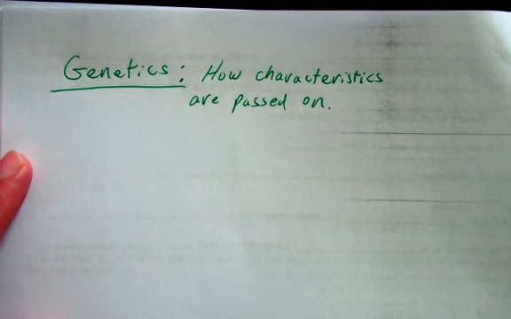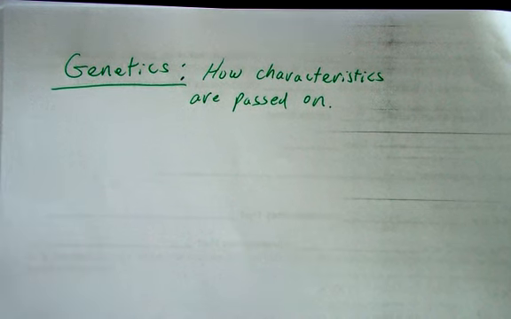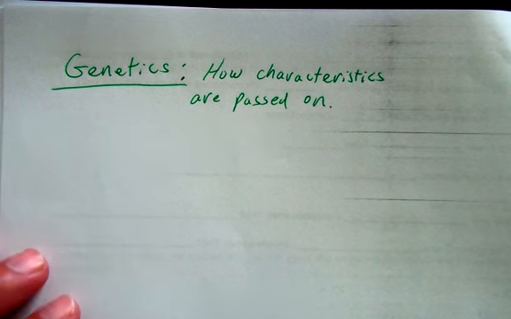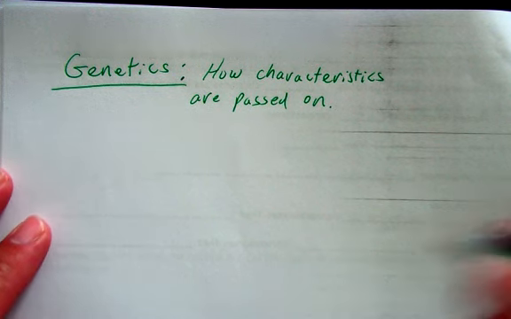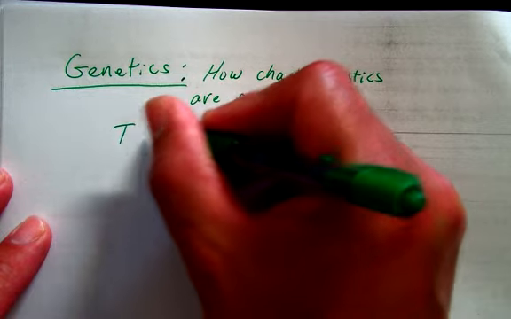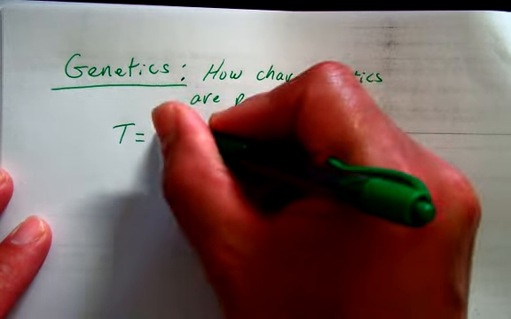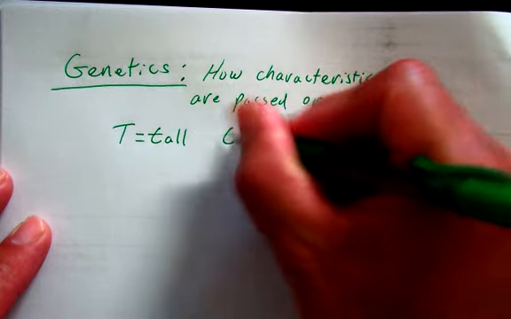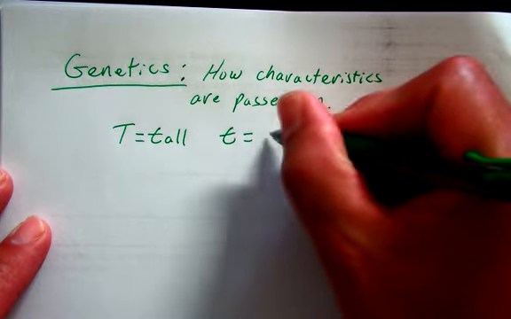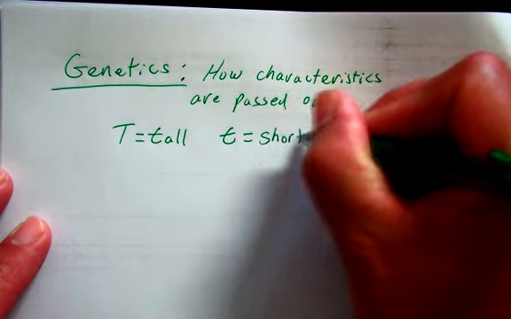All right, so we just talked about meiosis and we talked about sperm and egg, and so what we do in genetics is we use letters to help us represent certain characteristics. Like for instance, we might use the capital letter T for tall, and we might use the lowercase t to represent something that's short.